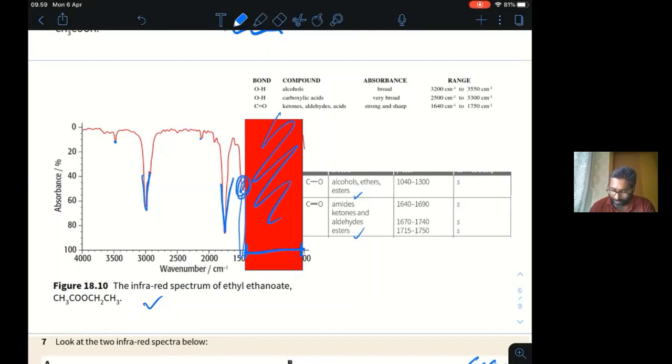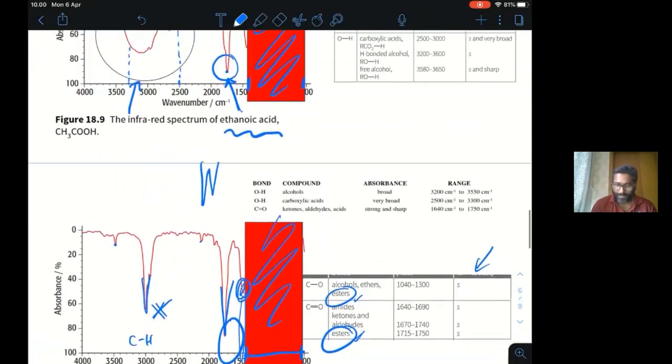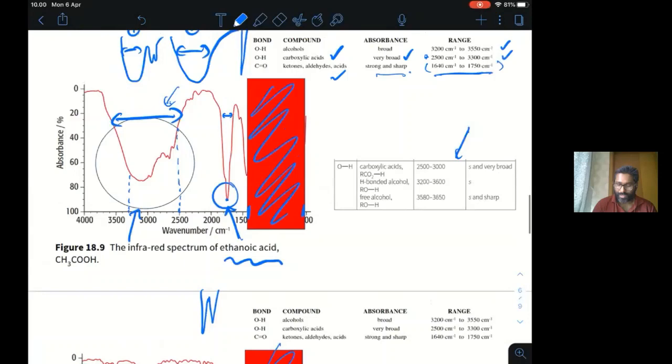And then the ester is going to be 1,700, so somewhere here. They didn't mention 3,000 over there, because 3,000 is similar to the carbon hydrogen bond and so on. So for ester, it's going to be more towards here. You can have a look at the data given, which is given in the data booklet.